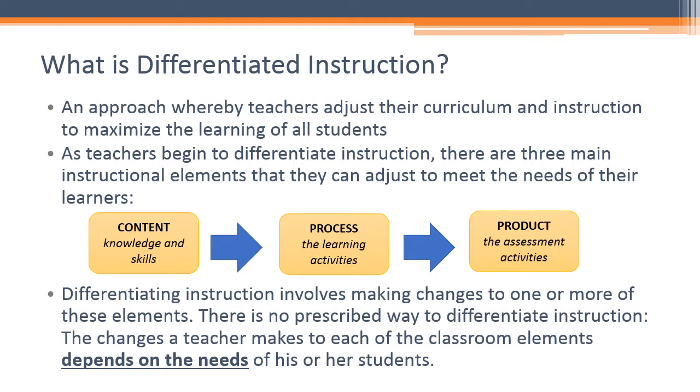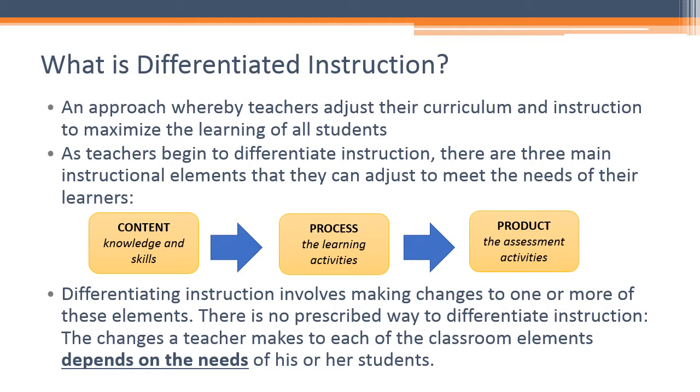Those are the three curricular elements that need to be adjusted so that the needs of the learners, specifically learners with gifts and talents, are met in the regular education classroom, because most students with gifts and talents are placed in the Gen Ed classroom.